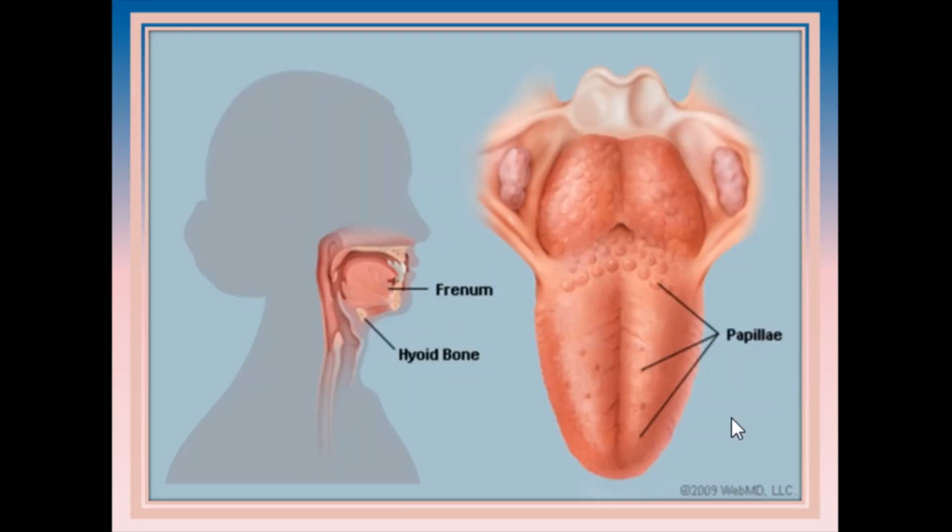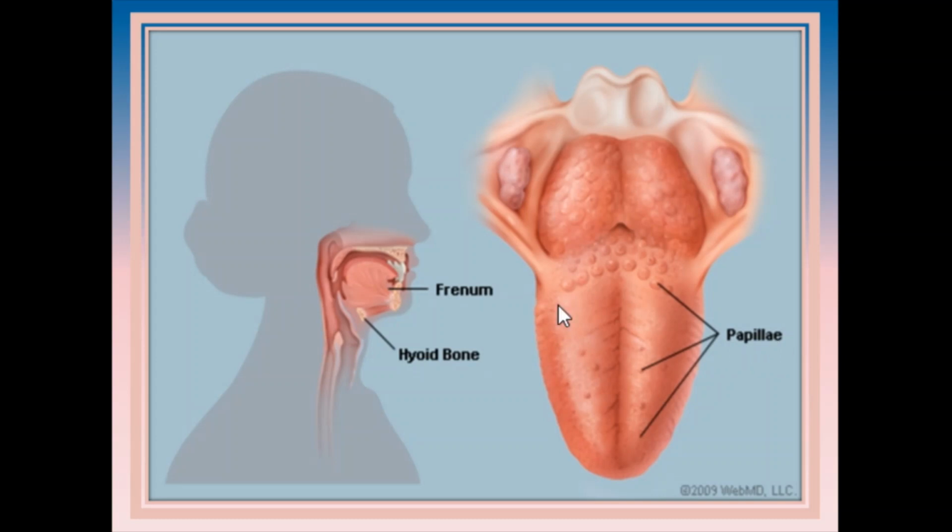Now let's move on to the figure. Let's look at it again. The pink color is the, what is it called again? It's the mucosa. Okay, repeat after me. Mucosa. Okay, these tiny bumps are called papillae.